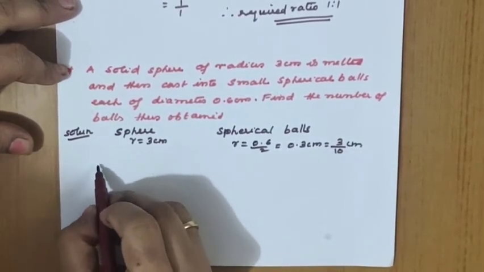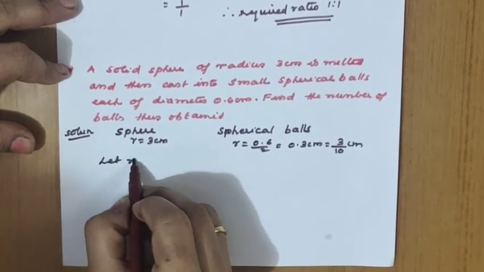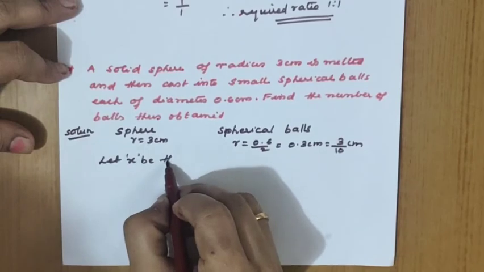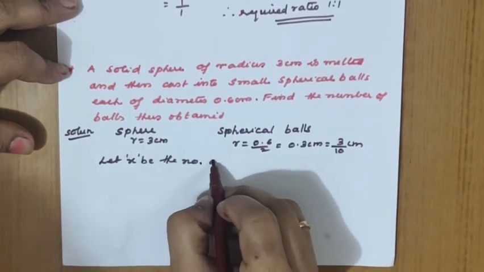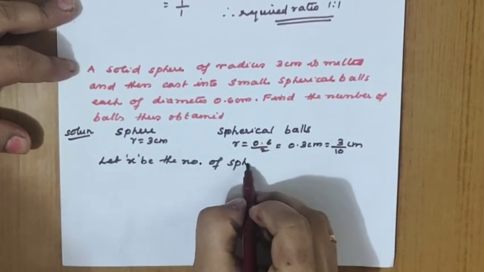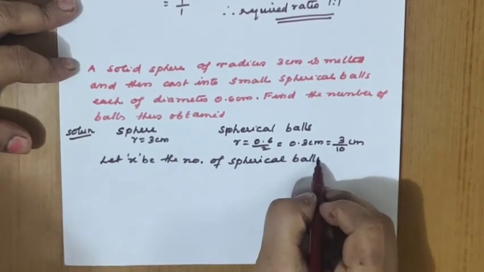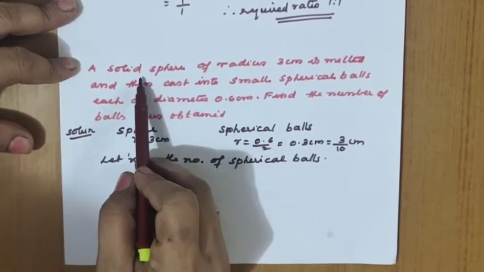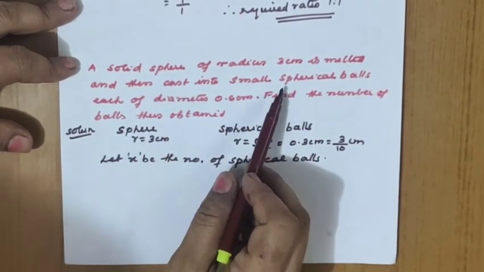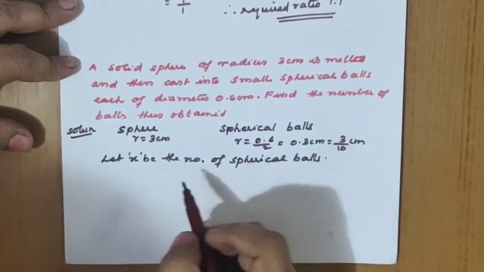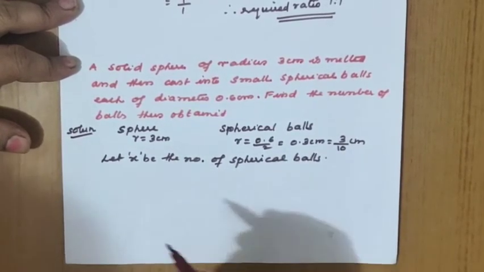Now let x be the number of spherical balls. According to the question, it is a change of shape only. That means the volume of the sphere equals the volume of the spherical balls. We don't know the number, so we have taken x as the number of spherical balls.